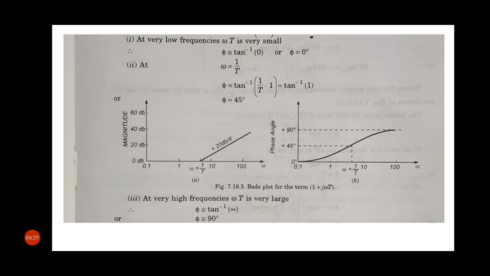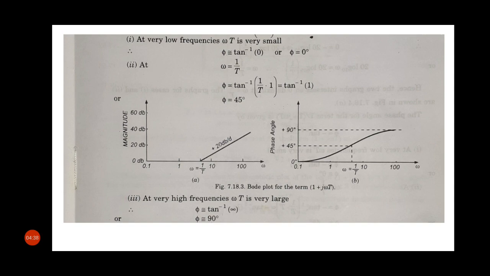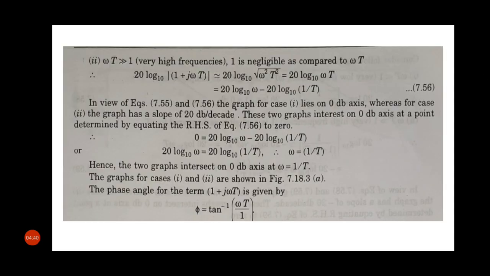Okay, so these two graphs intersect on the 0 dB axis at a point determined by equating the right hand side of equation 7.56 to 0.